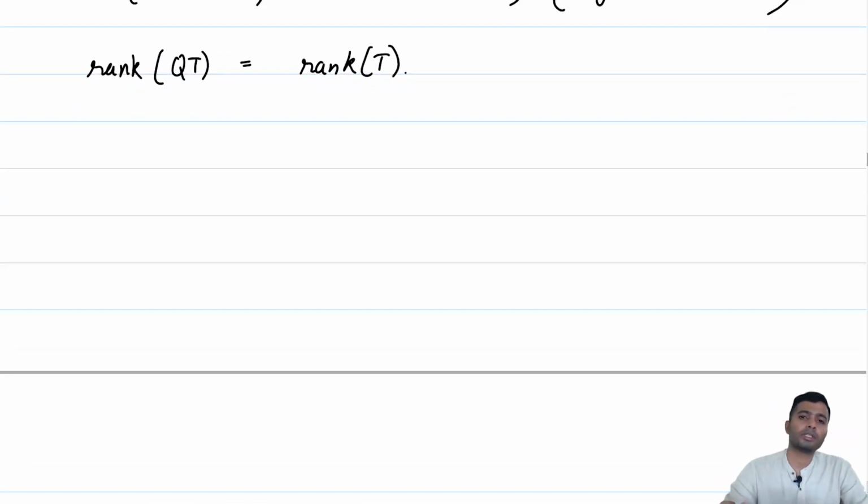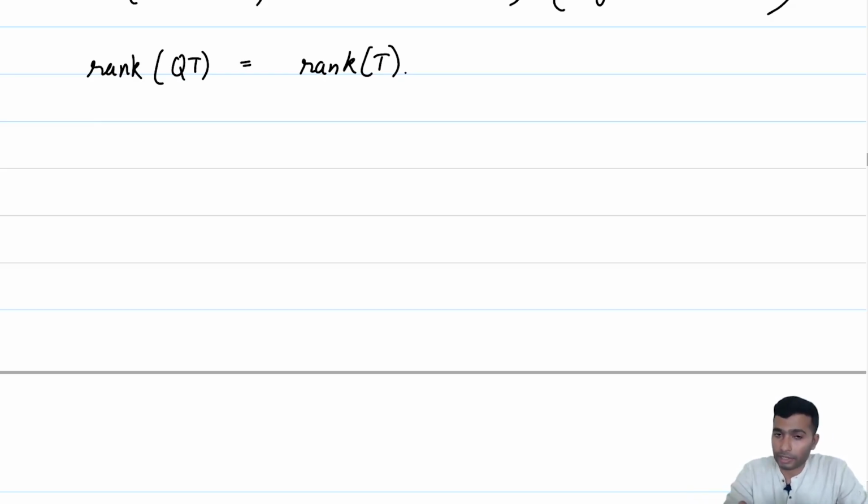Let us now discuss the rank of a matrix. We have discussed rank of a linear transformation already in quite detail earlier. Our goal here would be to define the rank of a matrix and somehow link it to the notion of the rank of a linear transformation.